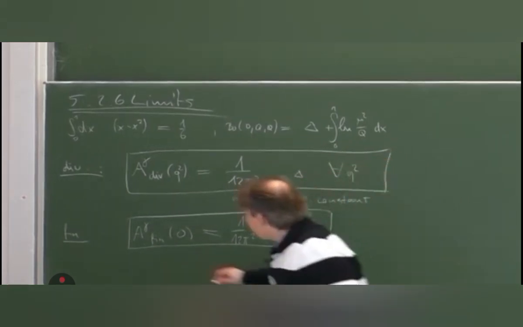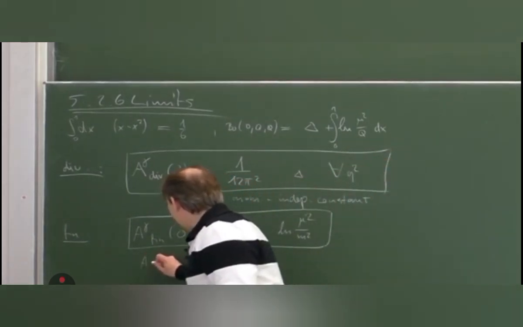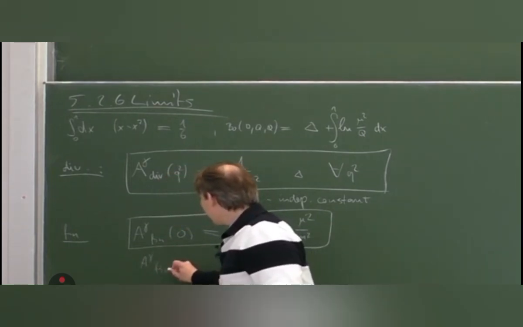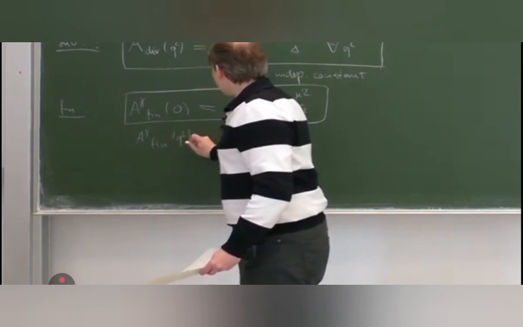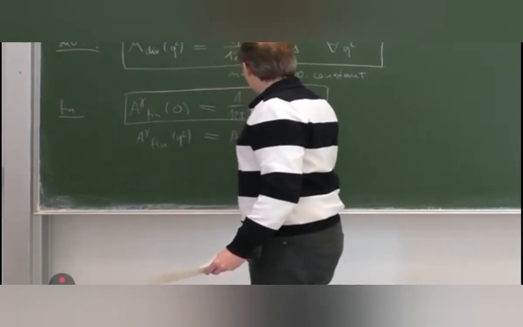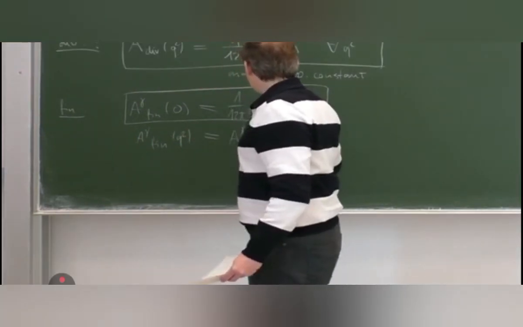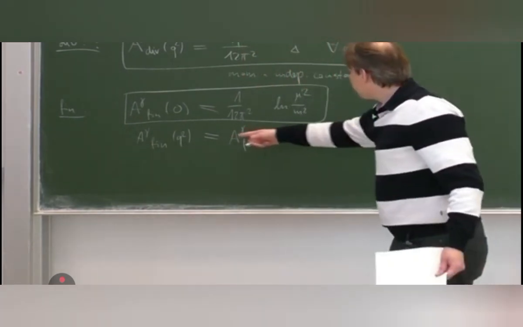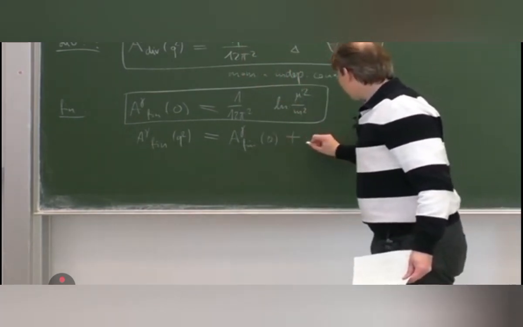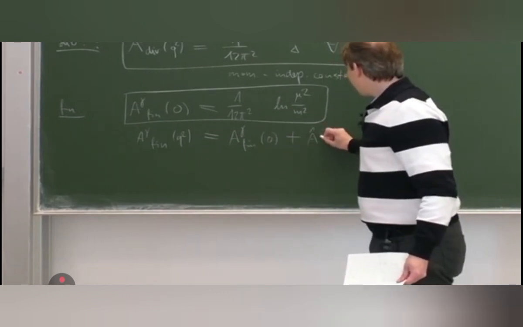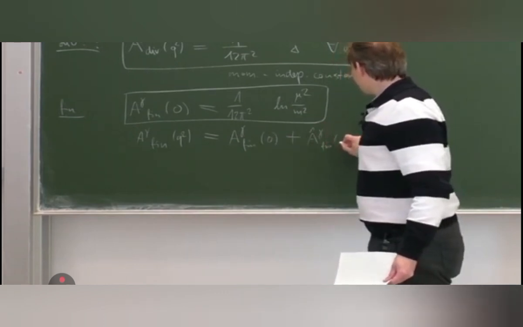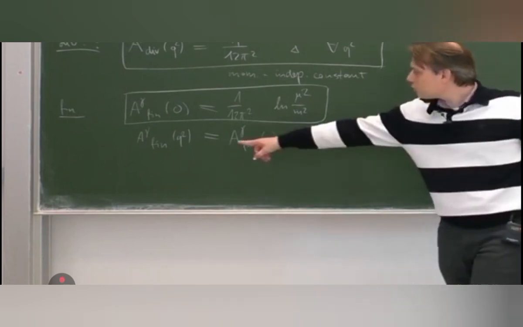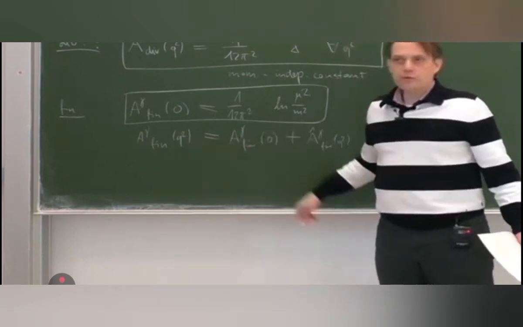Then for all the other q squared, let us use again another split. Let's write the finite part for an arbitrary q squared as the finite part at 0 plus a rest, and the rest I call here A hat gamma finite of q squared. So A hat of q squared is just the original A minus A at 0.